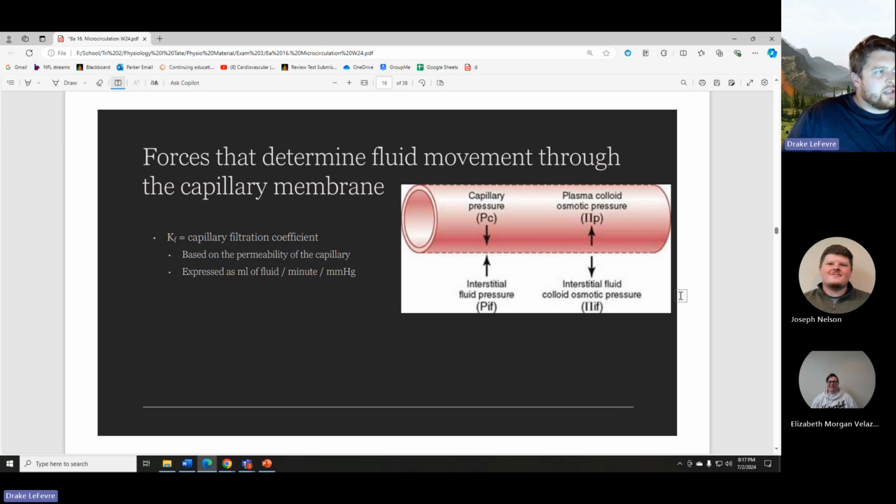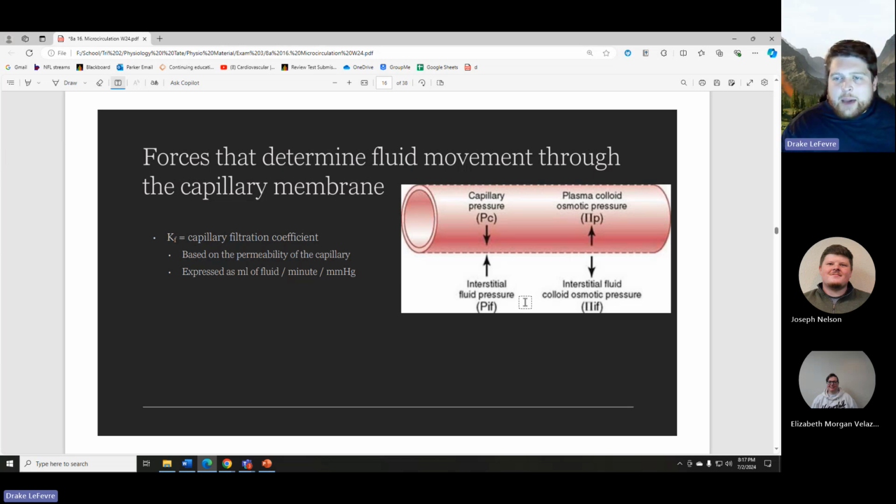All of these forces determine fluid movement through the capillary membrane. Remember, we talked about the several different types of capillaries, as well as those capillaries themselves being more permeable or less permeable to specific things.